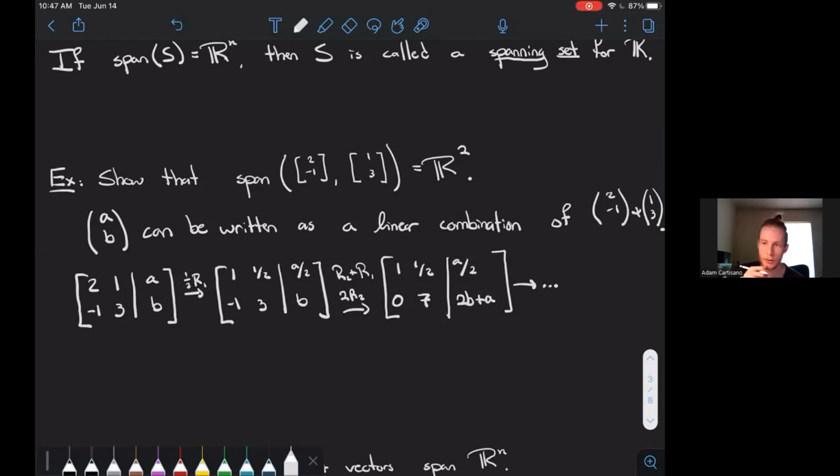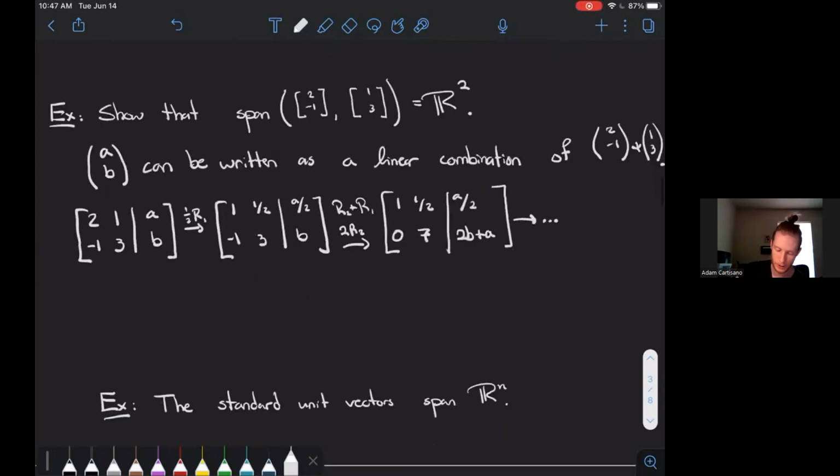Let me put for you the final reduced row echelon form for this matrix. So it looks like this: 1, 0, 0, 1, augmented with B minus 3A over 7 and 2B plus A over 7.